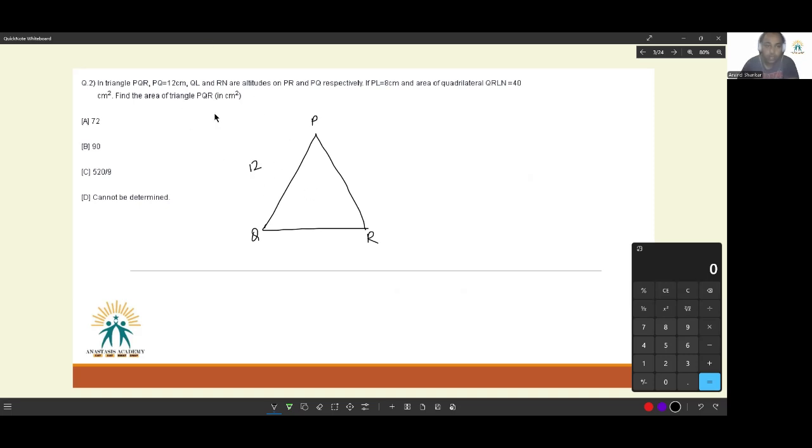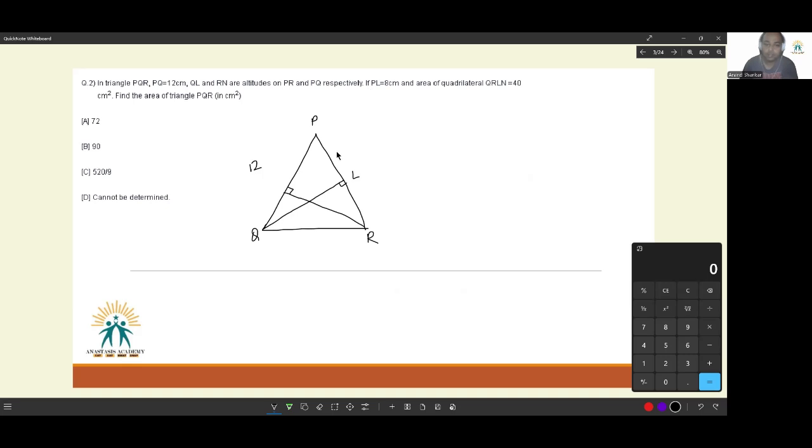QL and RN are altitudes on PR and PQ respectively.